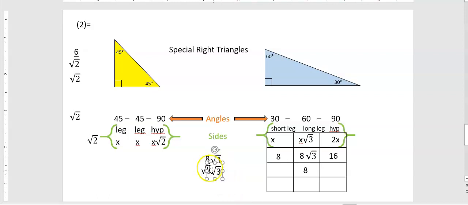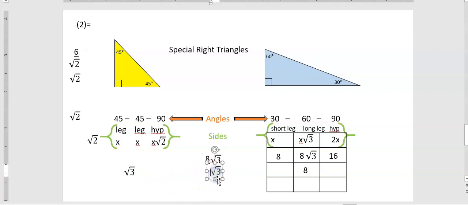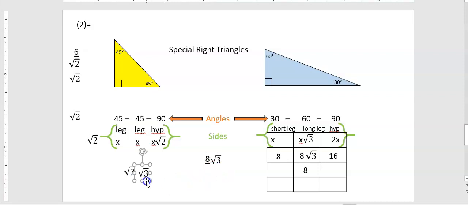And it takes the square root off. That's the whole point. Square root of 3 times square root of 3 is just a 3. So I'm going to take those off and change it to a 3.